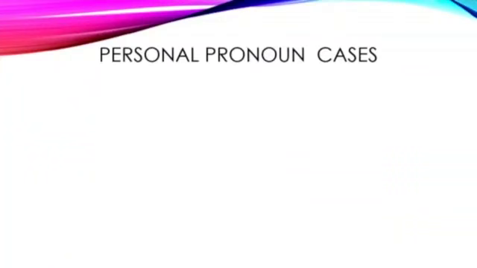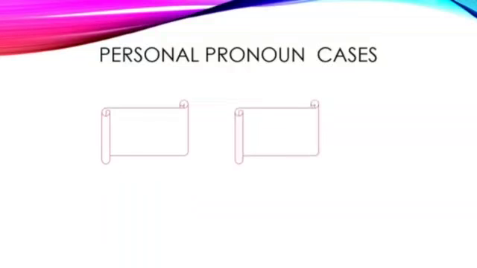As you know, there are three types of personal pronouns: first person, second person and third person. So, how are these pronouns used in subjective or nominative cases, and how are these pronouns used in objective cases? It means, where are they used as subject and where are they used as object?